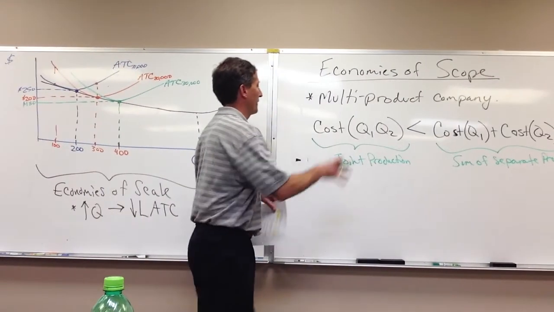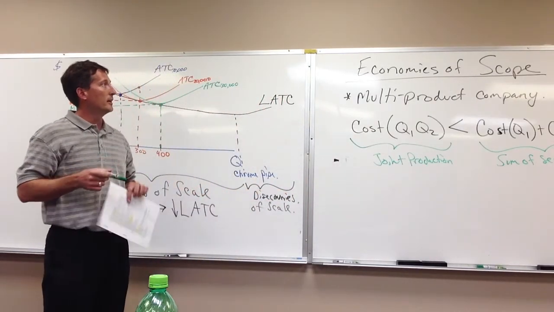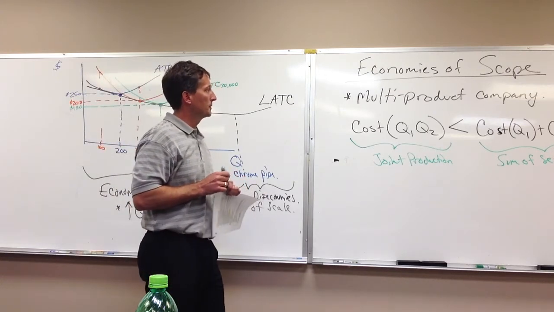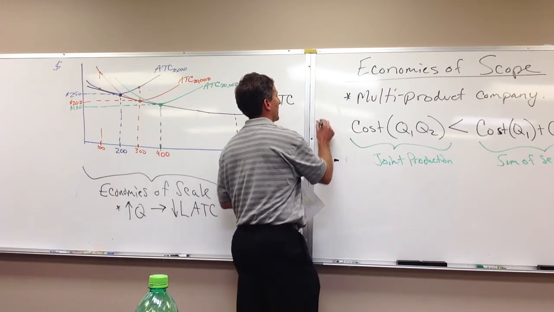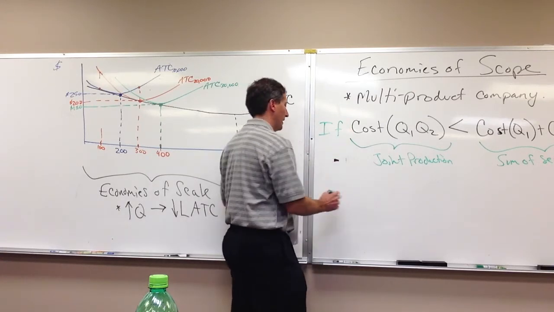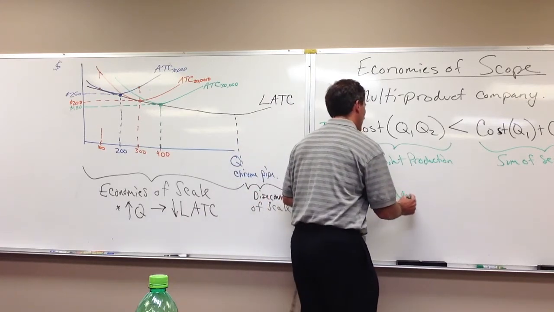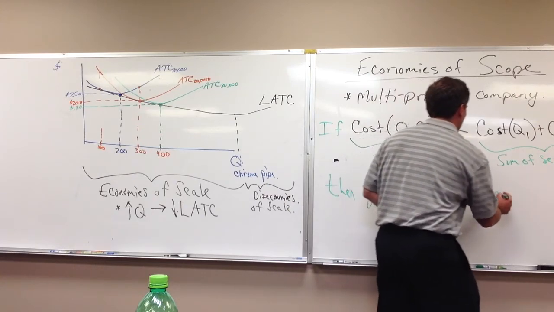So if the cost of joint production is less than the sum of separate, you've got economies of scope. I guess if we turn this into an if-then, we got a big if here. If that, then you have scope.